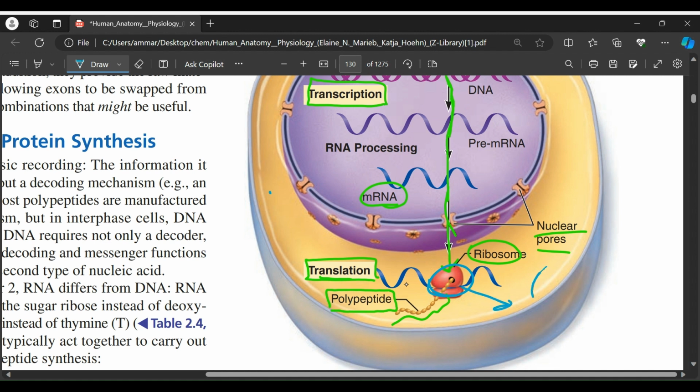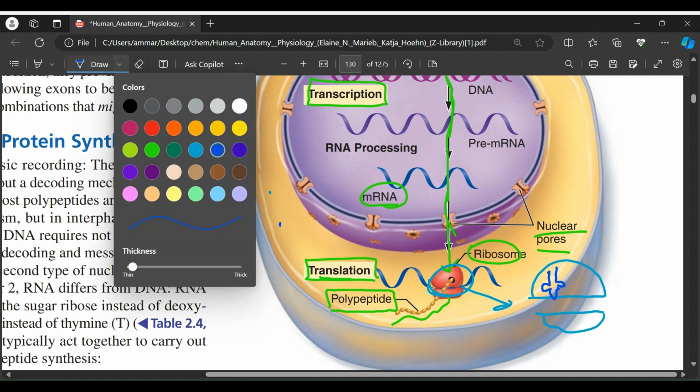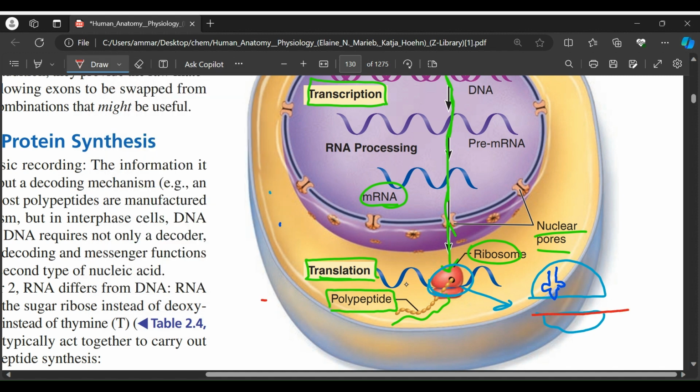This is the large subunit, the small subunit. The tRNA will be like this. This is the proper shape of it. I will not go into details of its shape. And the mRNA will be here. And as we said, the ribosomal RNA will form the ribosomes along with the proteins.